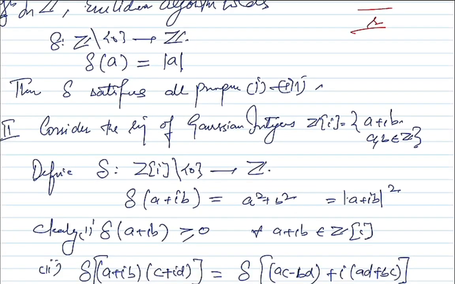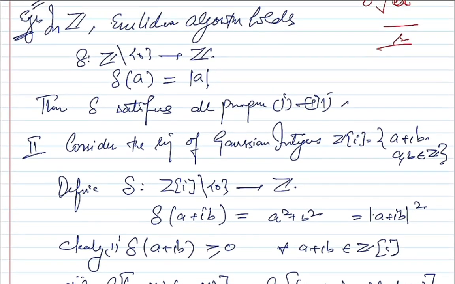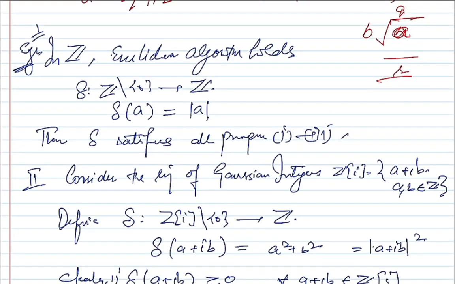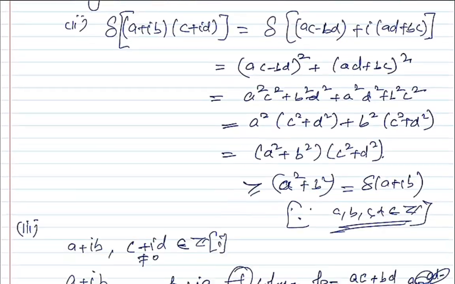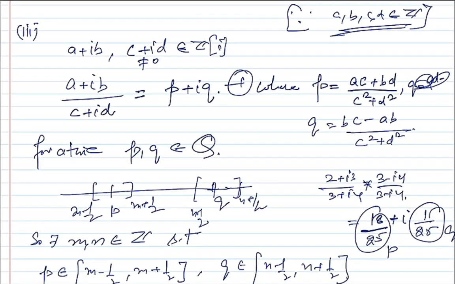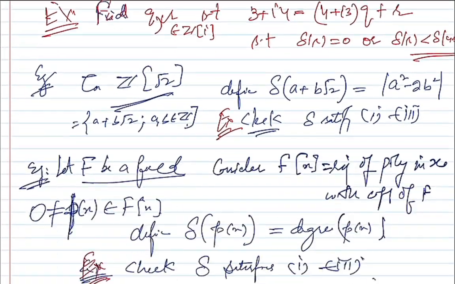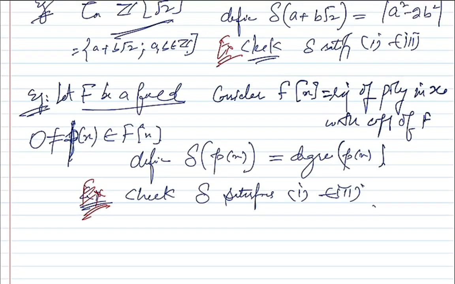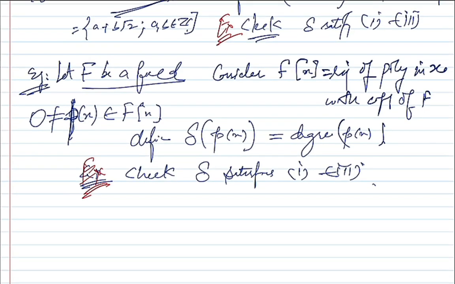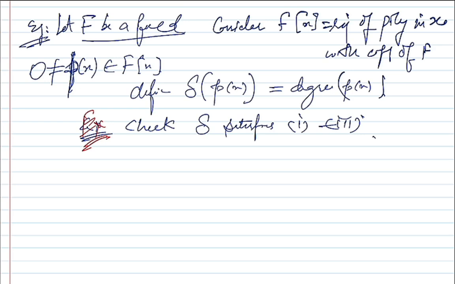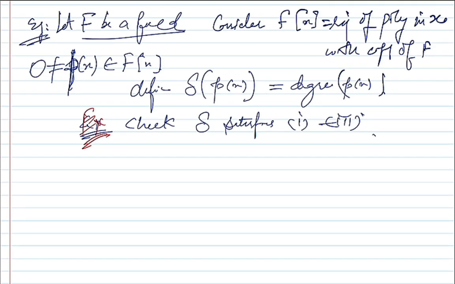Okay, so we saw a few examples. The ring of Gaussian integers is one of the examples. The integers are the simplest example you have. Then a ring of polynomials over a field, where delta can be taken as the degree.